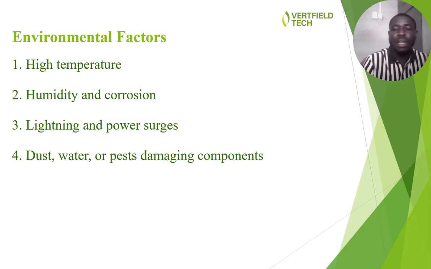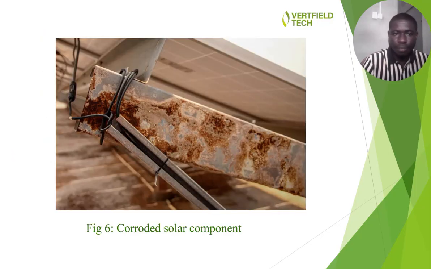So these are all environmental factors that could lead to your complete solar generator failure. It means that you are not expected to keep your solar generator in a very high temperature environment, please. Your system should also be protected at all times. That is what you are expected to do, please.